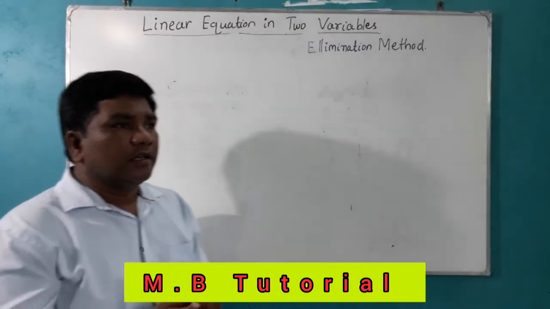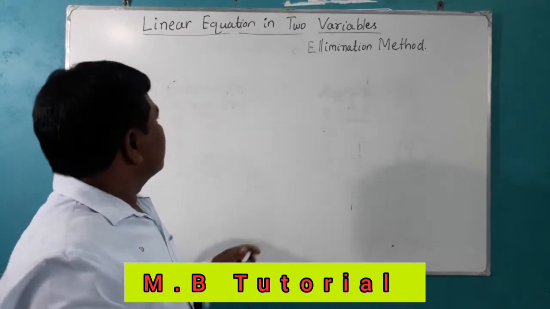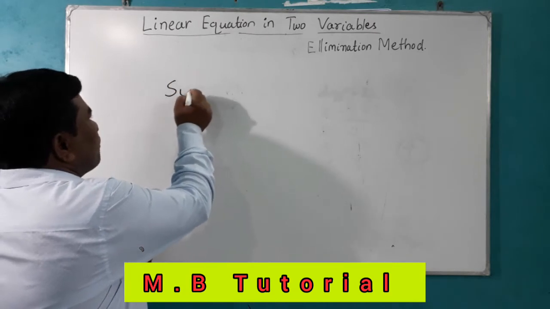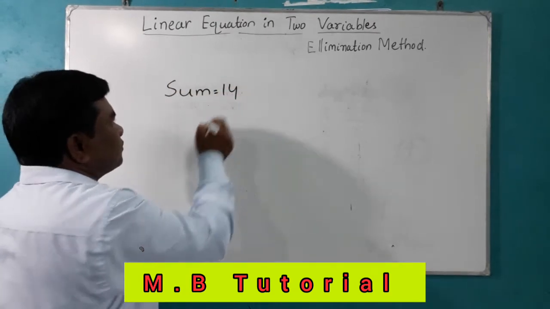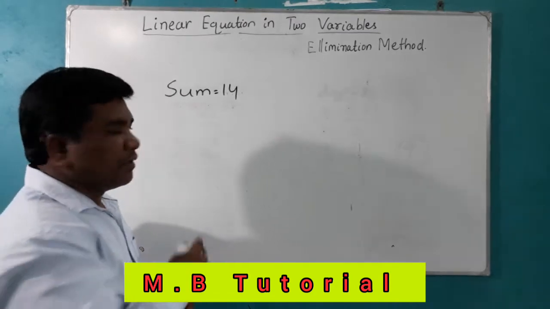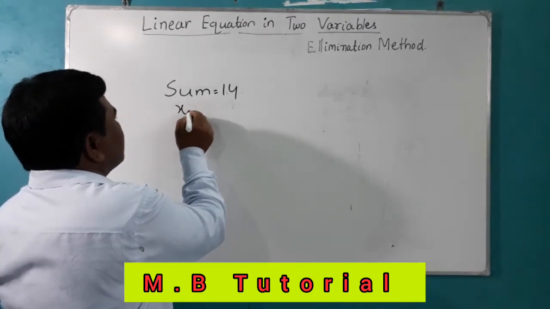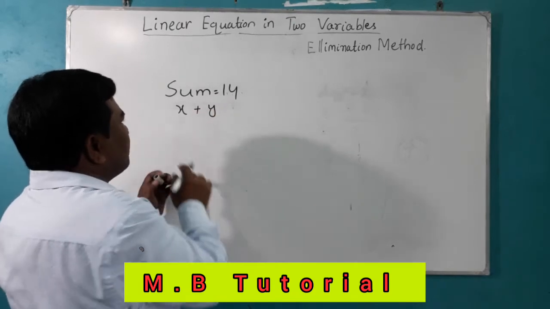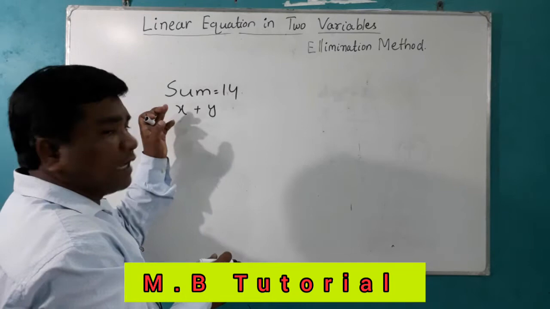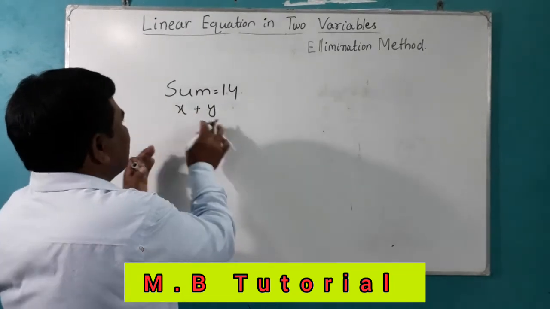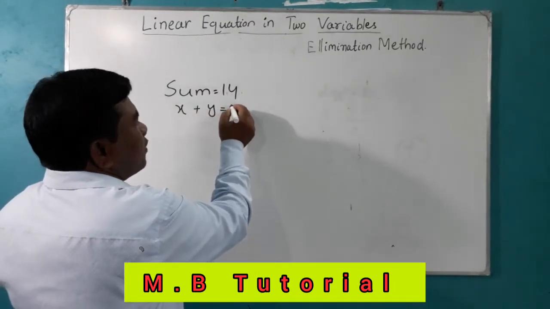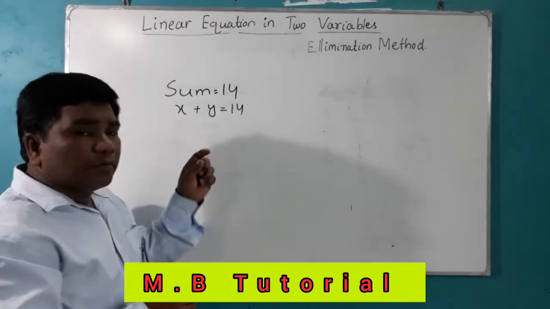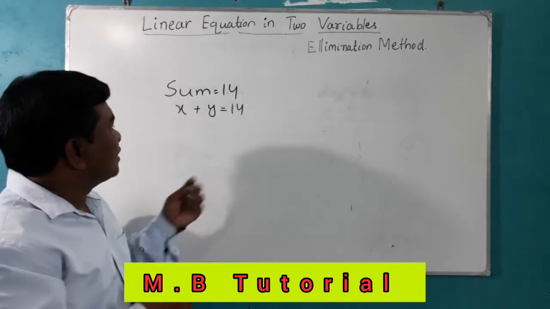For this, if I say find two numbers whose sum is 14, and I take these two numbers as the variables x and y, the first number x and the second number y, and the sum of their values is 14, then what are the values of x and y?